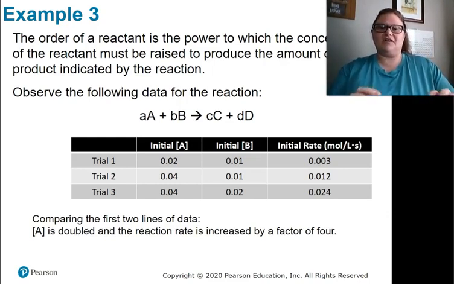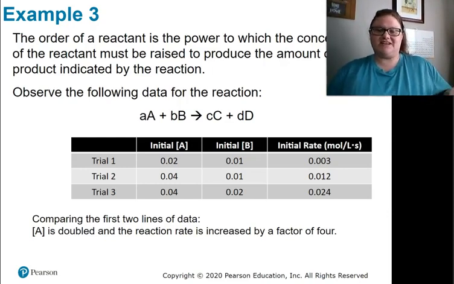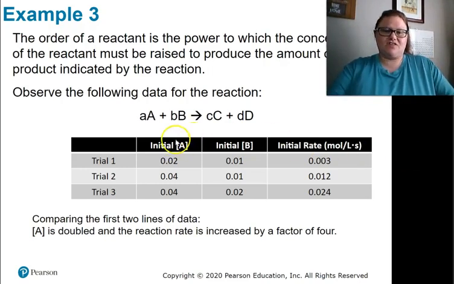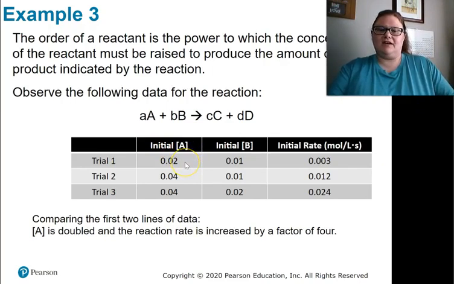And so we're given the data table that you see down here. We ran this experiment 3 times. That's what the trials are. In the first experiment, we had a starting concentration of A of 0.02 moles per liter, and our starting concentration of B, our second reactant, was 0.01.